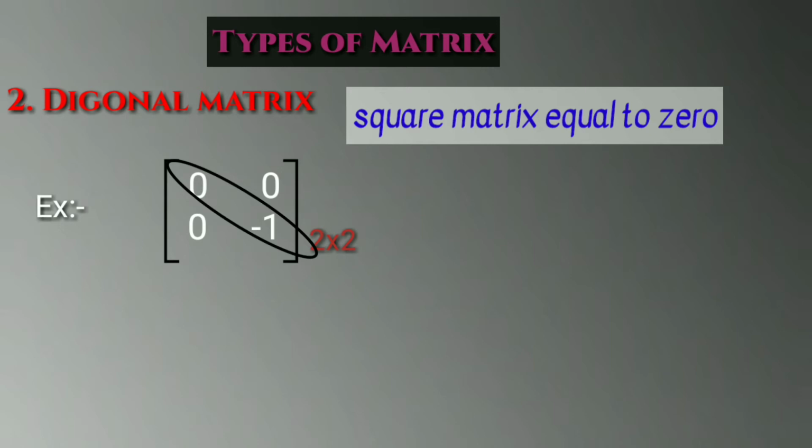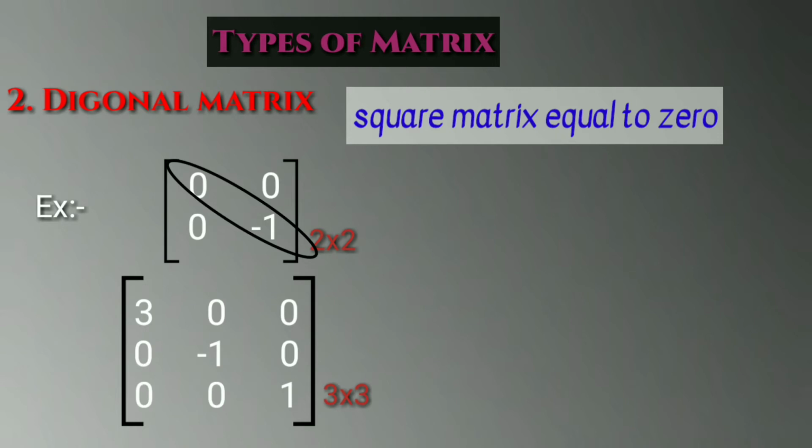See another example, here 3 cross 3: 3, 0, 0 and 0, minus 1, 0 and 0, 0, 1. Here 3, minus 1, 1 is the diagonal, so it is called a diagonal matrix.